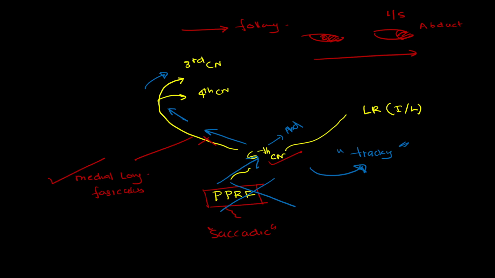But since the PPRF is not working in this case, once you turn the head, there will be no abduction, no adduction to be seen, because there will be no saccadic motions, no abrupt motions. Hence, you would see a dull eye phenomenon. Are we clear?